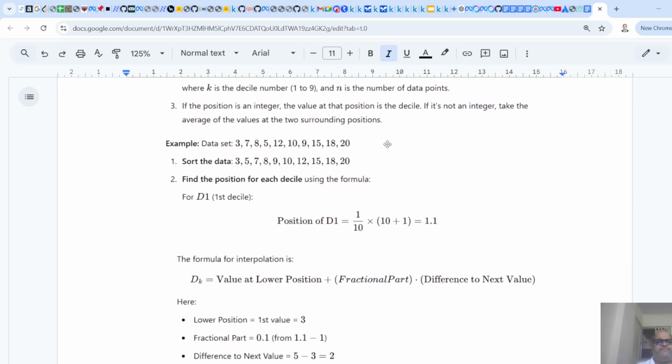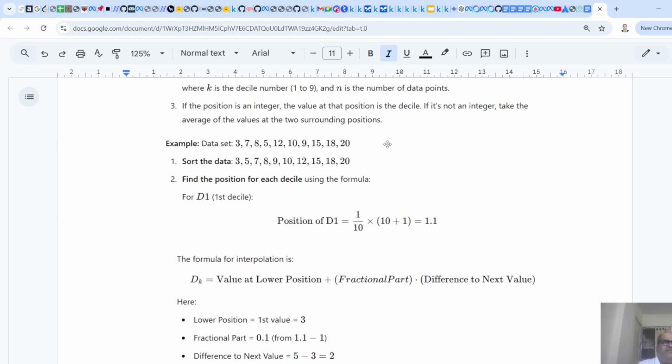We'll take the same example as in the last case of IQR. The first step is to sort it, which means arranging your data points in increasing order. If you want to compute D1, it will be 1 by 10 into 10 plus 1, since you have 10 numbers overall.